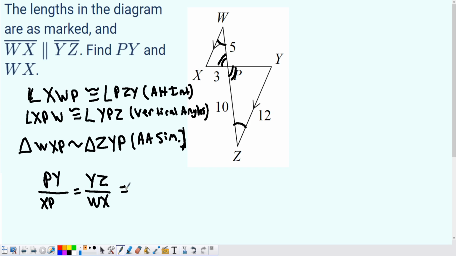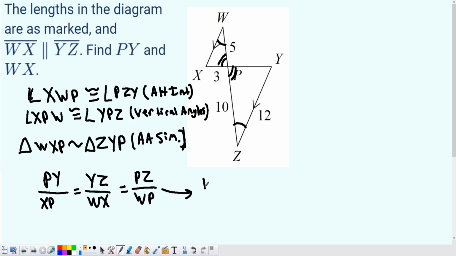And finally, we have the side PZ. And PZ would, of course, then match with WP. Okay, so now let's fill out any values that we can.